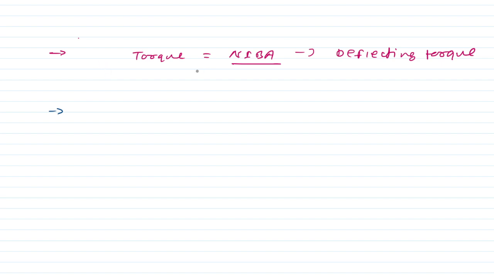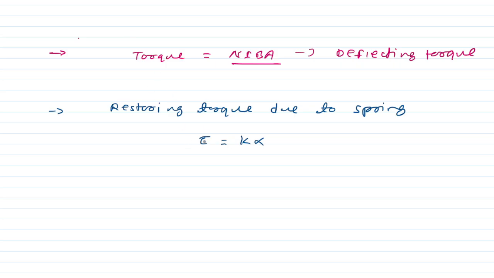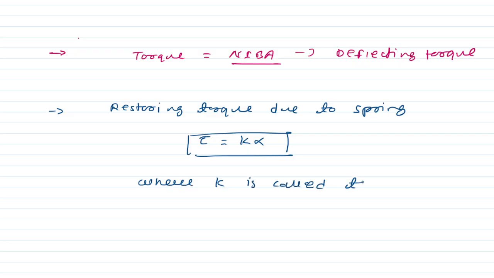The restoring torque due to the spring is given by some constant k into alpha, where k is called the torsion constant of the spring.